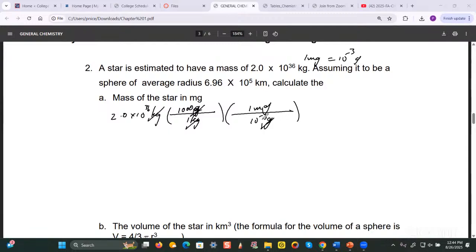That's 2 times 10 to the 36 times 1,000 times 1,000.